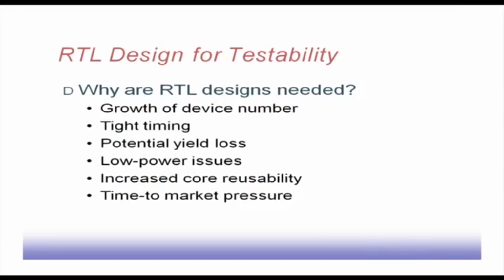Then low power issues. If the circuit is very big and we try to test the whole thing together, the entire circuit will be getting power. As a result, there will be a lot of power consumption, but a particular test pattern may be targeted to test a fault in a particular region of the circuit.